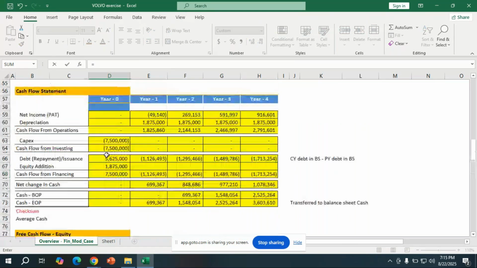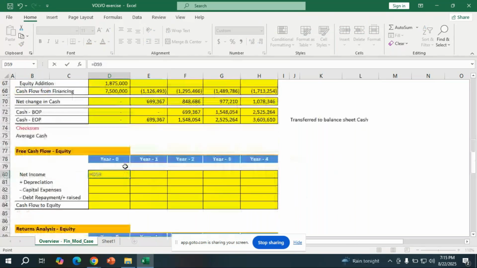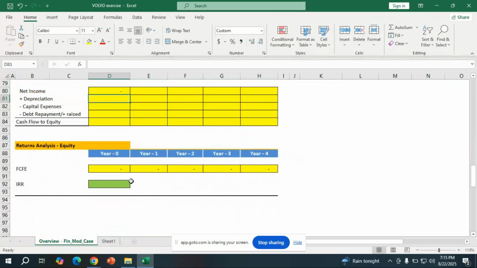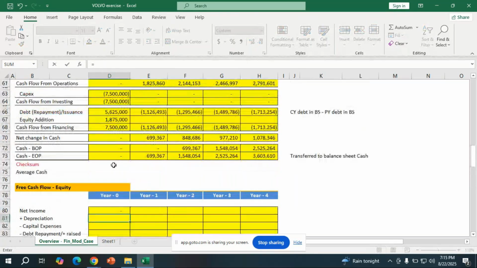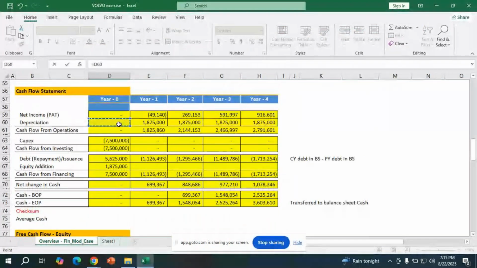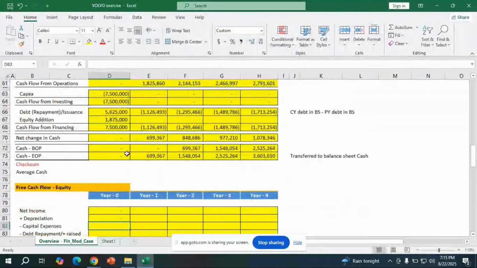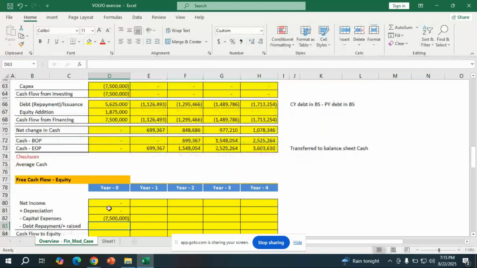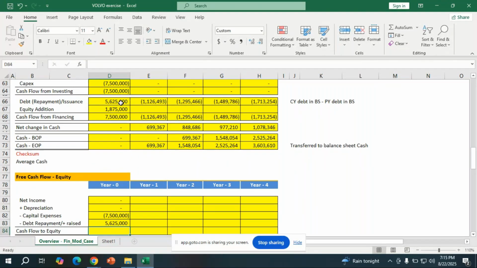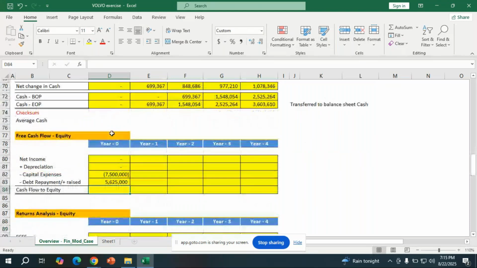You can take this reference only, or you can directly quote. Enter equals to your depreciation. Depreciation in year zero is nothing. Next, capital expenditure, capex. We had invested 75 lakhs in the property, plant, and equipment. And in the year zero, the debt is 56 lakh 25,000. So just give the same referencing.